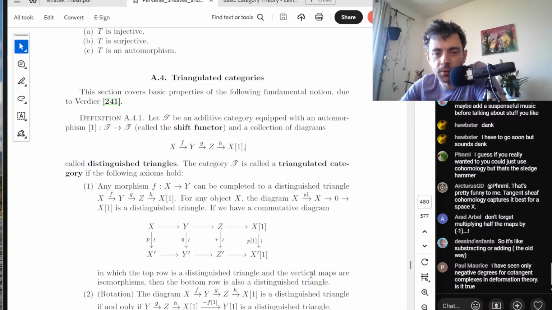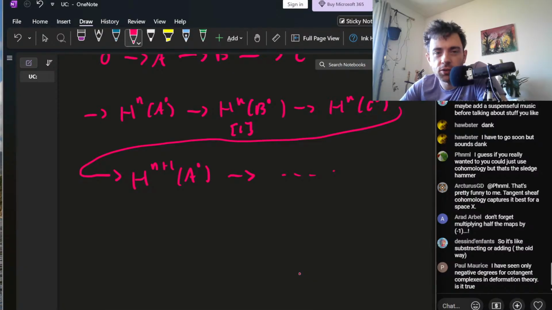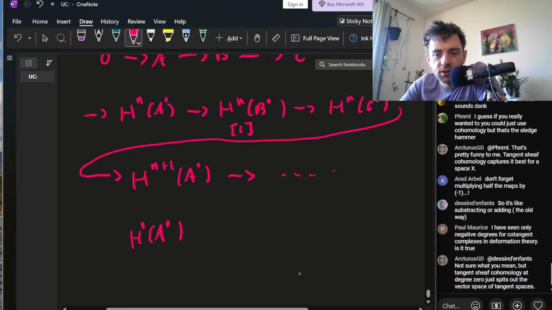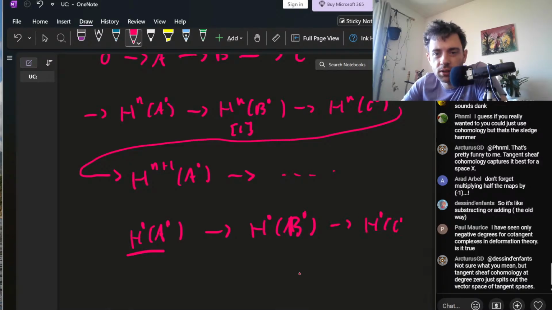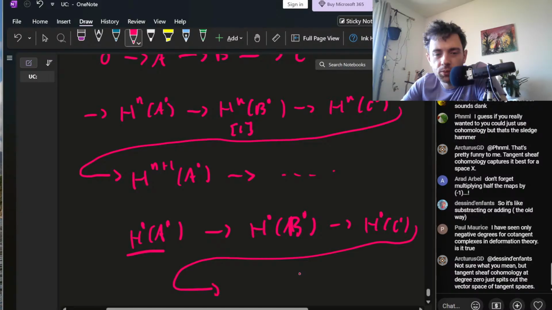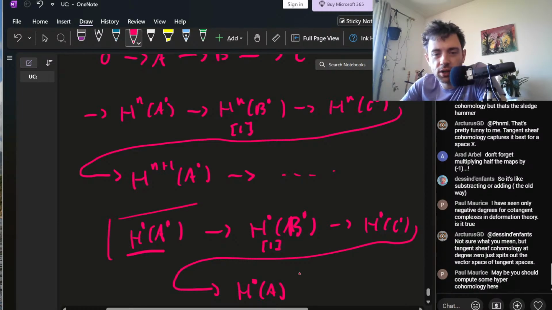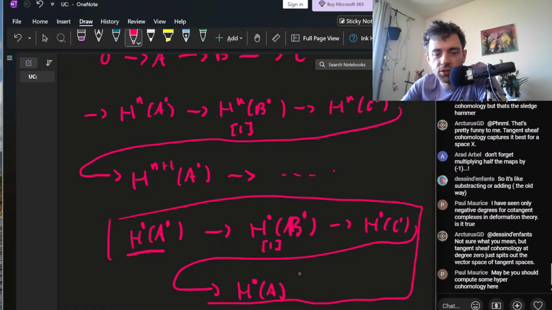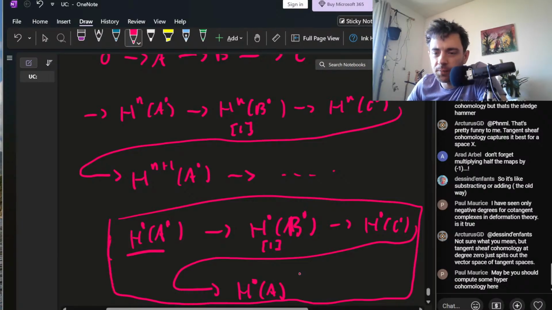And so, for example, in our long exact sequence of cohomology, these complexes are objects in the derived category. And now there's this +1 map going back to the start of the sequence. That's what makes this a distinguished triangle.